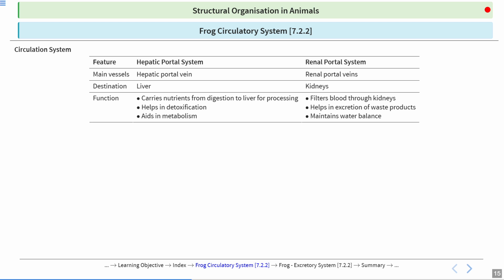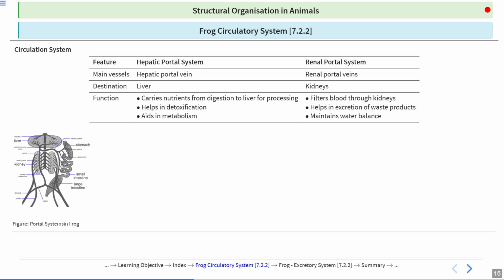The liver. Similarly, in the renal portal system, all the blood collected by the veins from the lower parts of the body, the frog's leg, the frog's back, the tail region of the frog, enters the kidney.